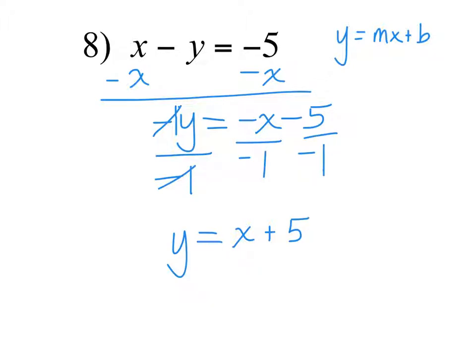So now comes the challenge, because I want you to identify what is m and what is b. B is a little bit easier. B is the ordered pair 0 and 5. Okay, that's always the b right here. Now, the m, you'll notice, there's no number in front of x, so some of you might think that's 0. That's incorrect, actually.